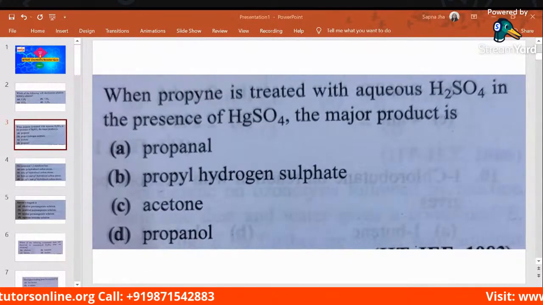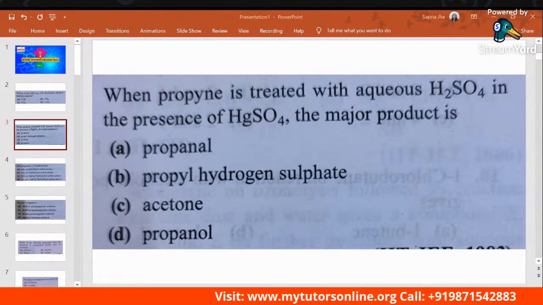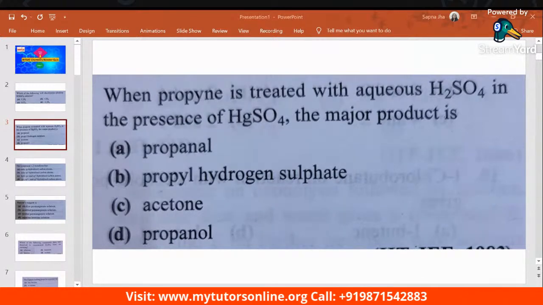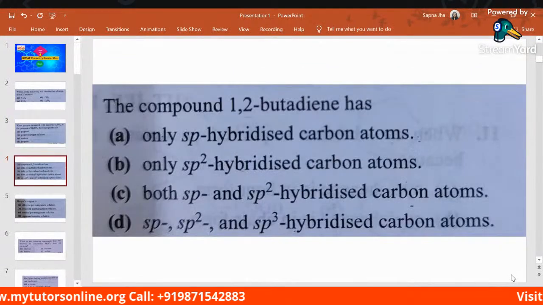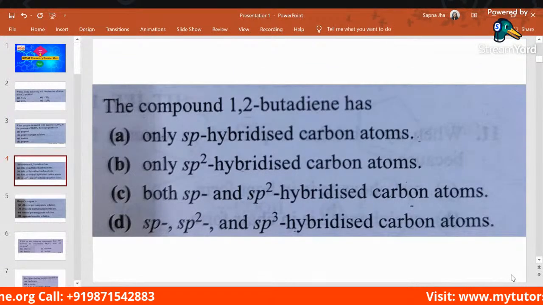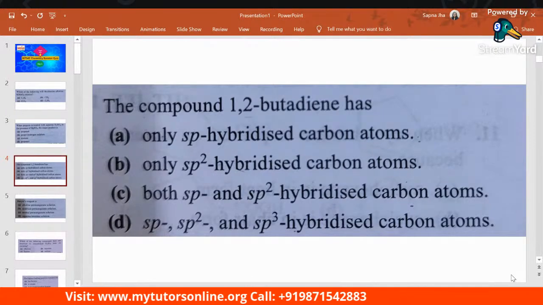Wow, very good. Okay. You all are doing very good now. Let me pose the next question. The next question is, the compound 1,2-butadiene has these 4 options.